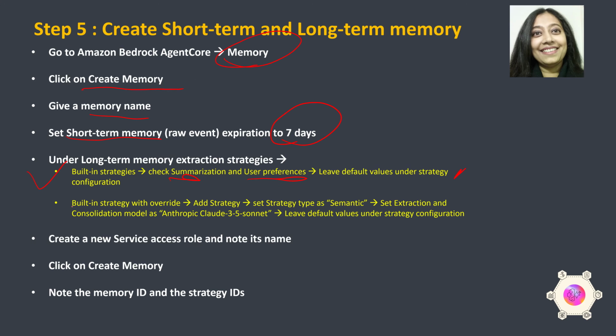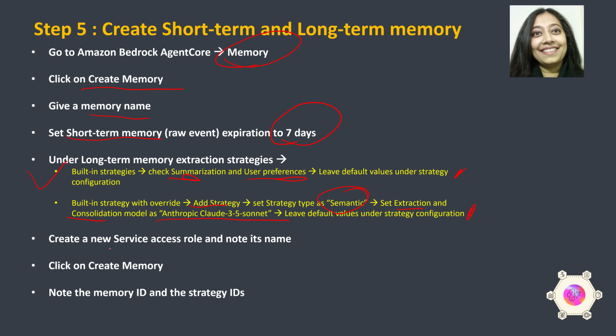But under built-in strategy with override, we are going to add a strategy and set the strategy type as semantic. Set the extraction and consolidation model as Anthropic Claude 3.5 Sonnet. Now you can use another model if you like, but I'm sticking to 3.5 Sonnet. Leave all the values as default.